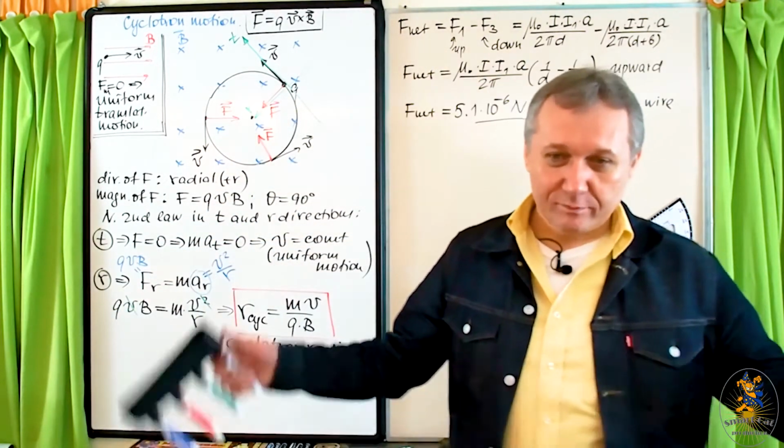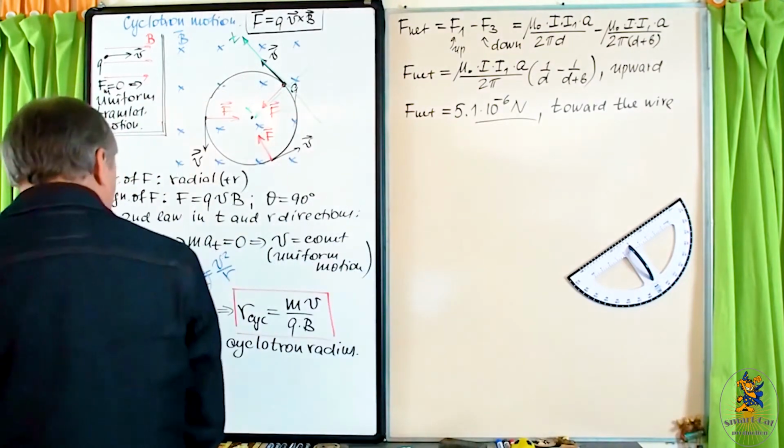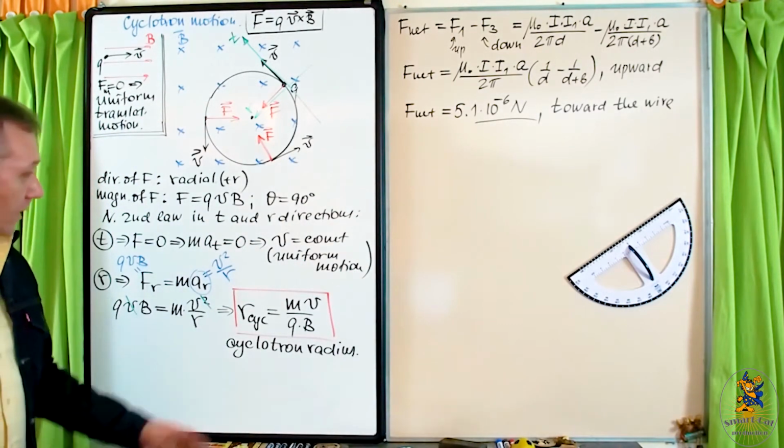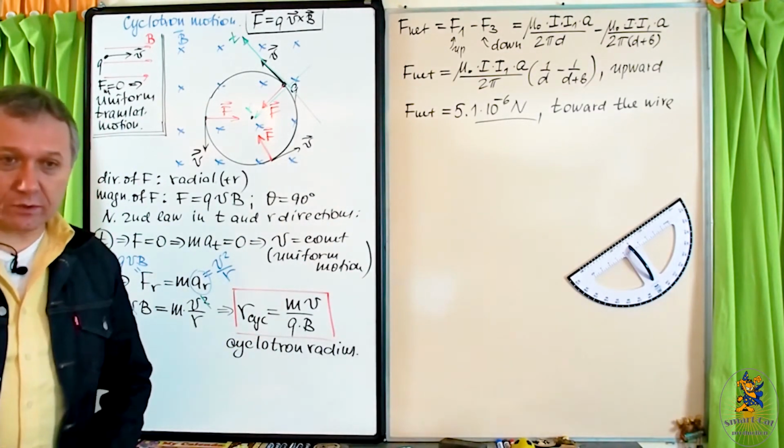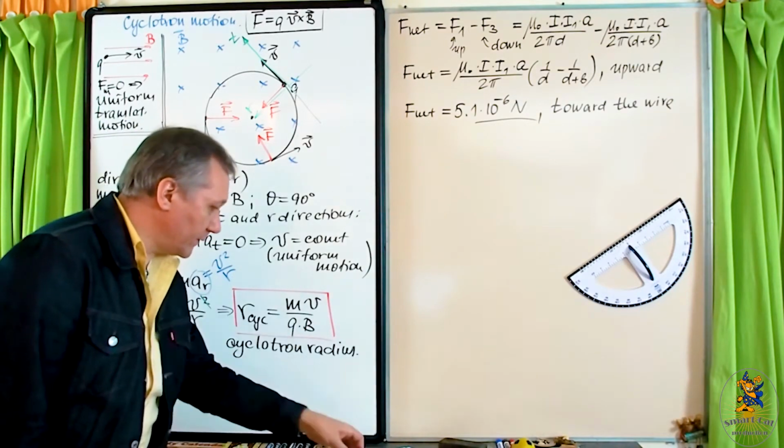But of course now you have everything available to you during the exam, right? So mv divided by charge times magnetic field, right?